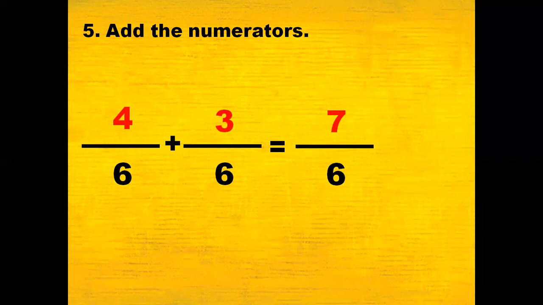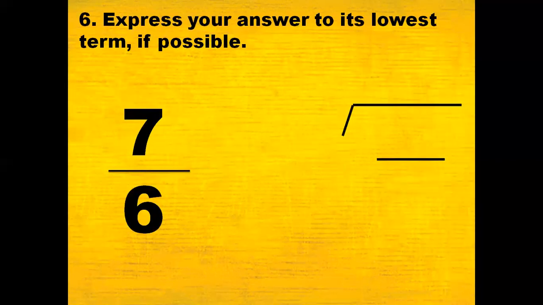But 7/6 is an improper fraction because the numerator is greater than the denominator. So we need to express it in lowest term by changing it into a mixed number. So 7 divided by 6, the answer is 1. 1 times 6, the answer is 6. 7 minus 6, the answer is 1.